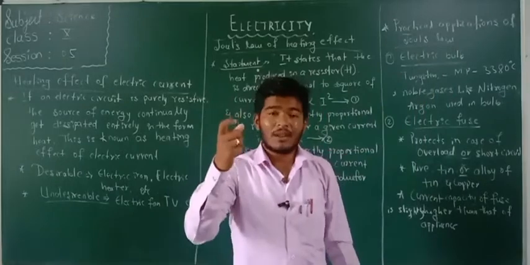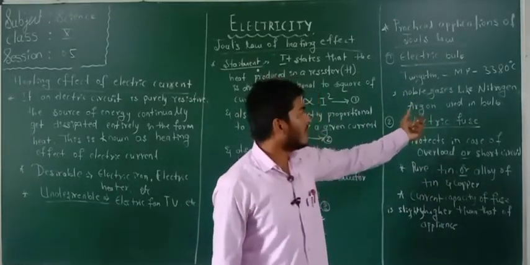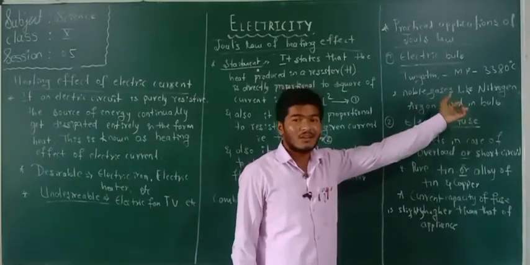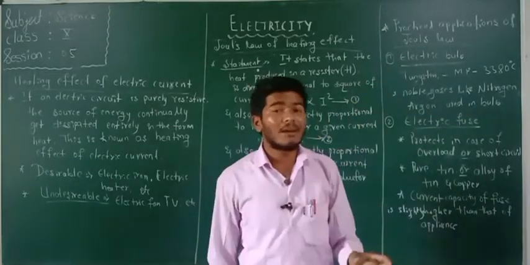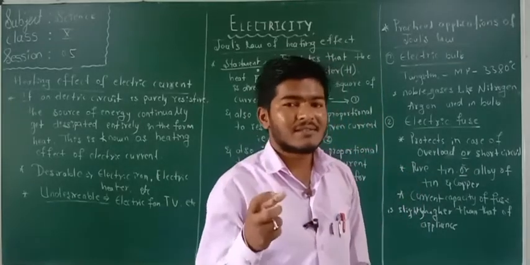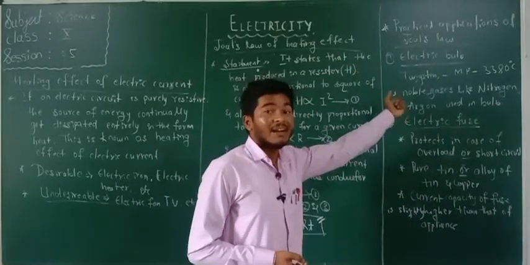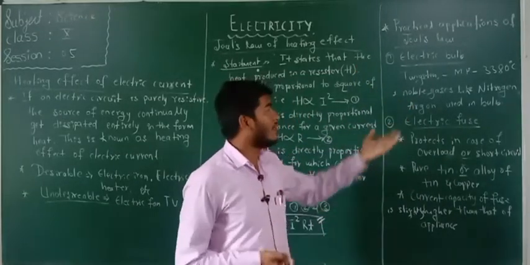In the tube lights or bulbs they use noble gases like nitrogen, argon, xenon. These are called noble gases. Why are they used? Because noble gases increase the lifespan of the tungsten filament.